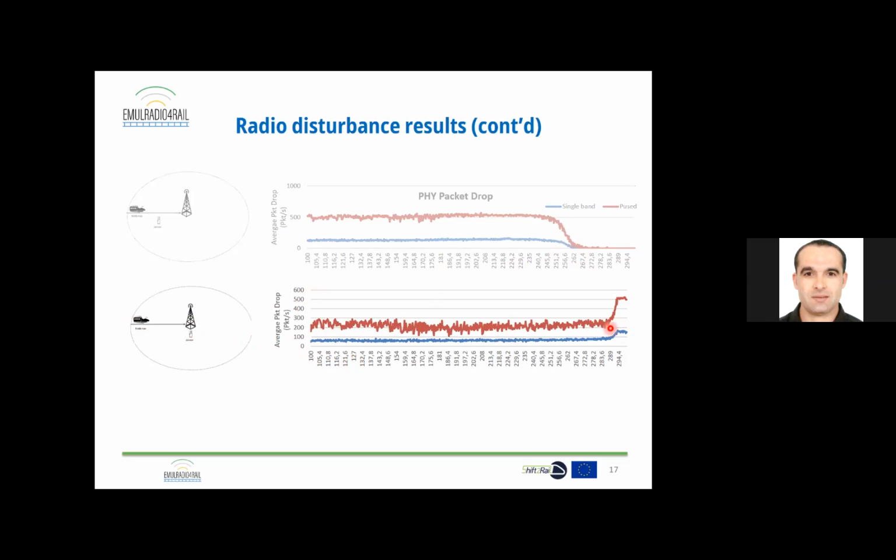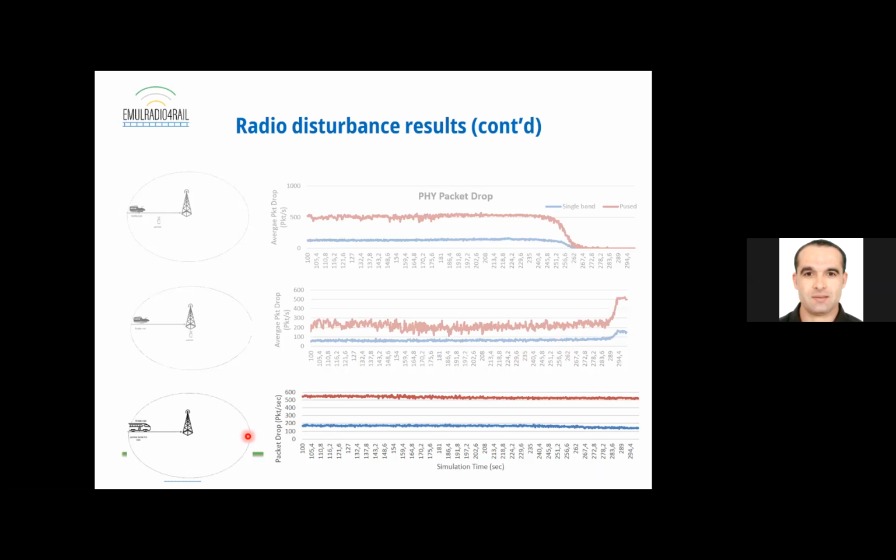So here we show that the transmission power of the jammer is sufficient to disturb the downlink transmission from the eNodeB to the train. But before this position, the jammer disturbance remained fairly limited, and the eNodeB is able to transmit data to the train, and we have no significant disturbance.